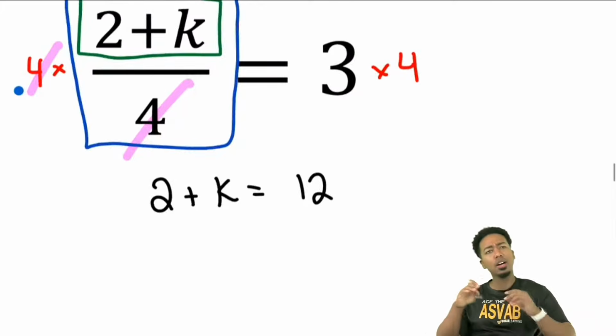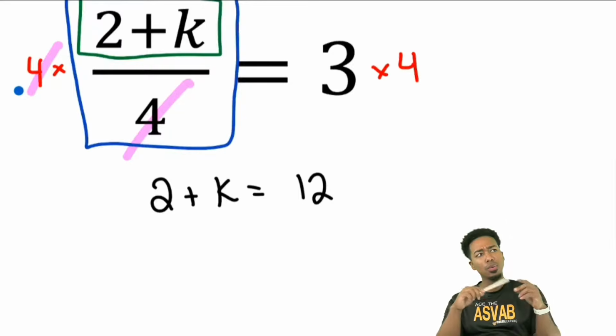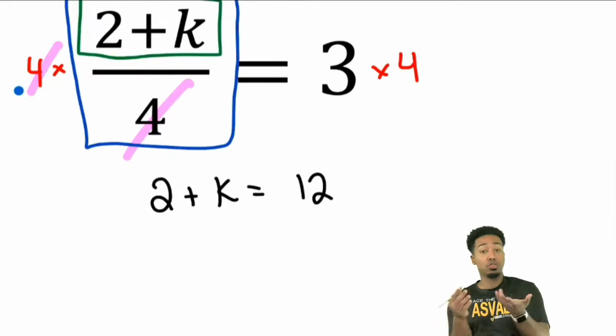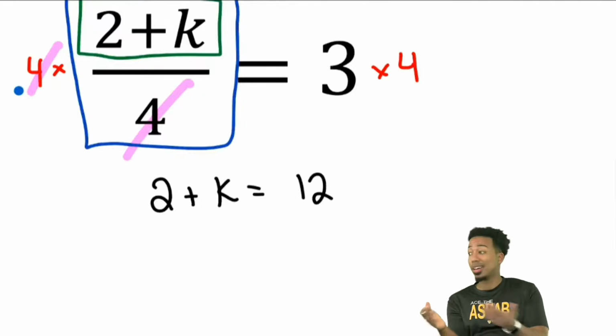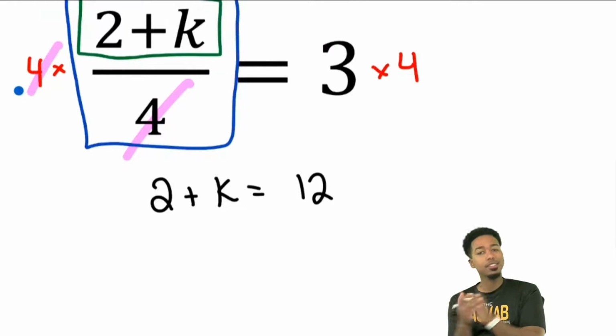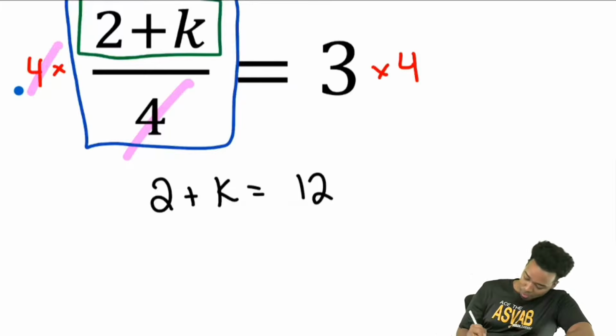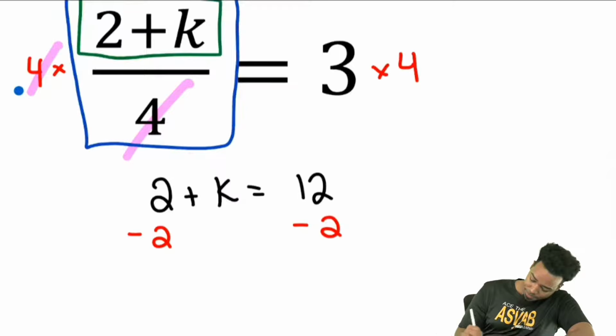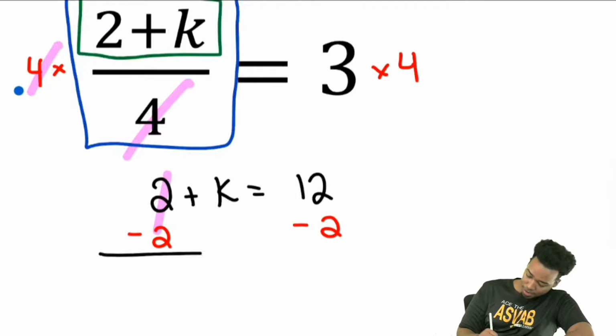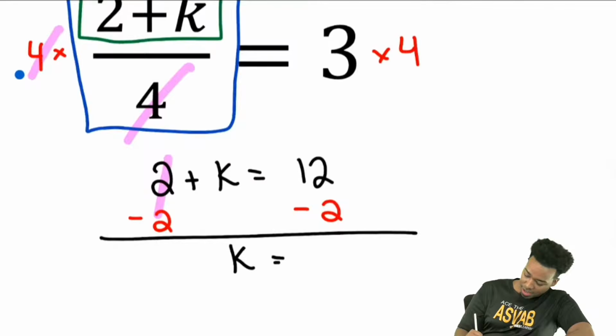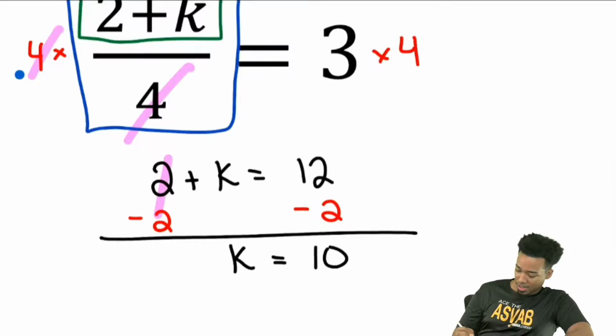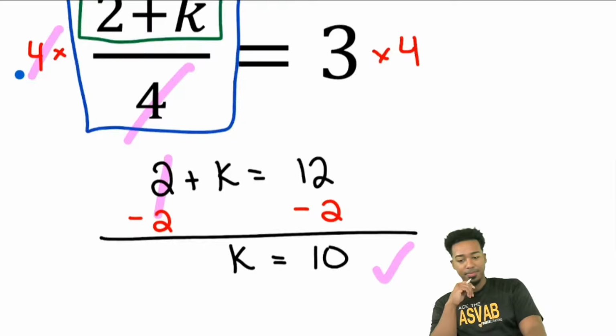How do we get rid of that 2 that's by the k? If it's a positive 2 just sitting there, we can get rid of it by subtracting 2. Subtract 2 on both sides. Gone right there, and we have k equals 10. Nice and easy.